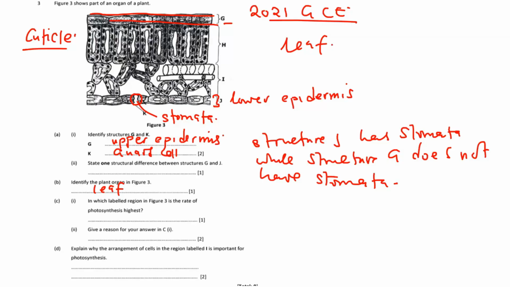In which labeled region in figure 3 is the rate of photosynthesis the highest? So the rate of photosynthesis is the highest in region H, and this is the palisade mesophyll. So this is where you find the palisade cells.